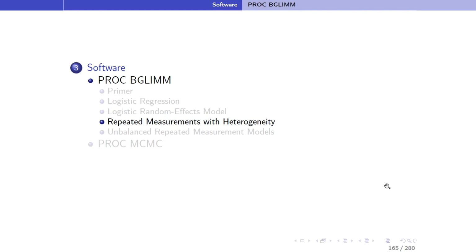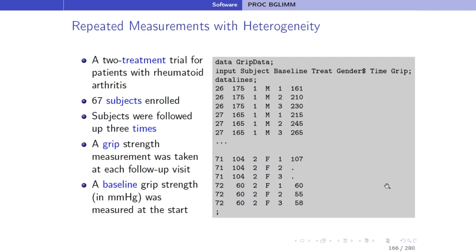Next, I want to illustrate a case of a repeated measurement model with heterogeneity. The repeated measurement model just means a patient or subject has repeats over time.